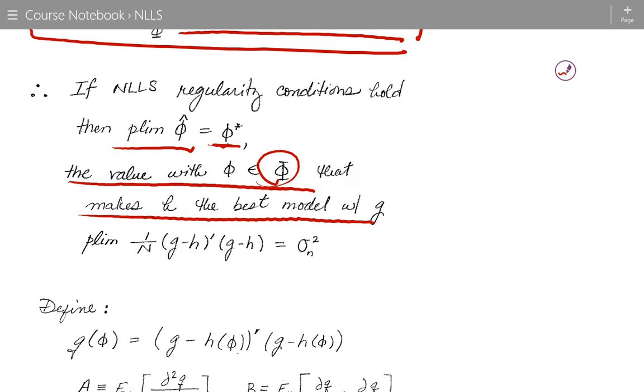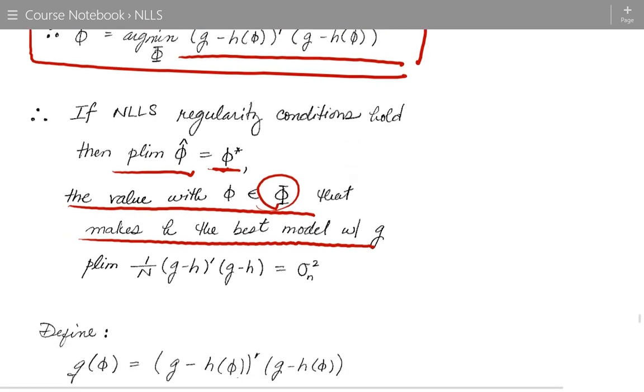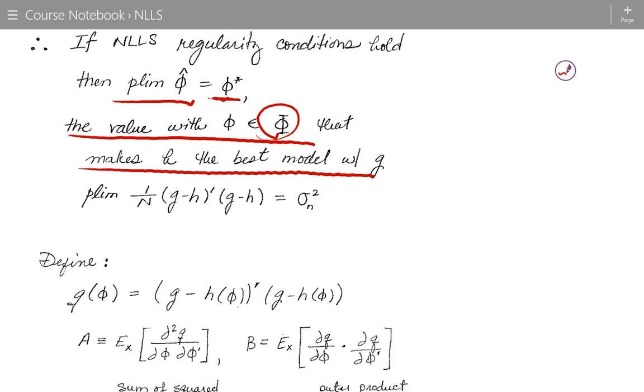In other words, h may not be the correct model, but our estimator is the estimator that makes that model as close in terms of the sum of squared errors as it could be to the true model. And our p-lim of this quantity is the variance.